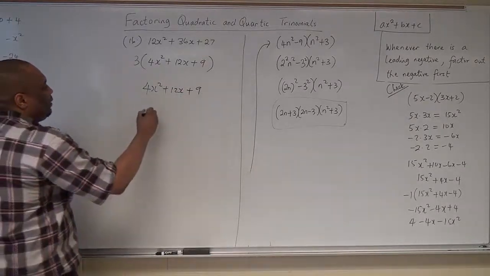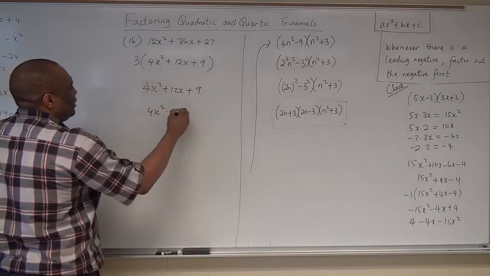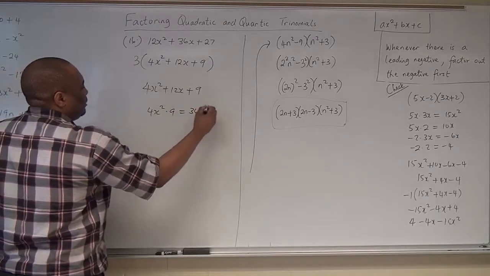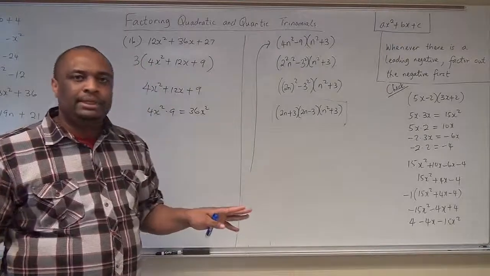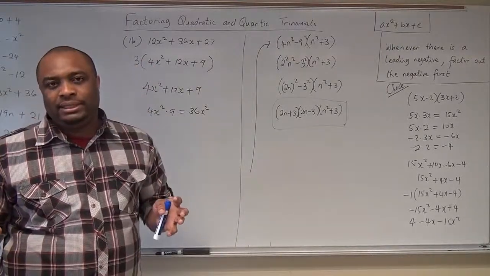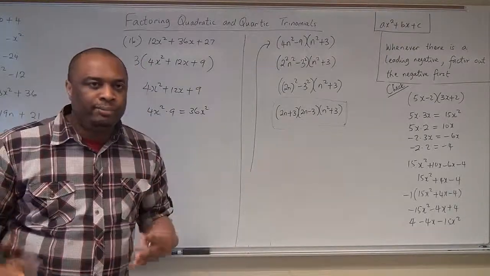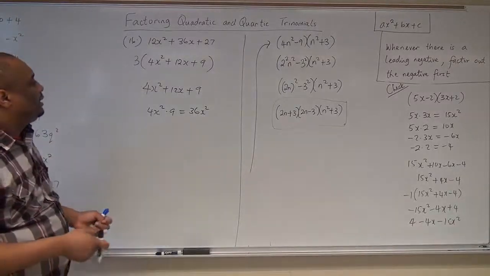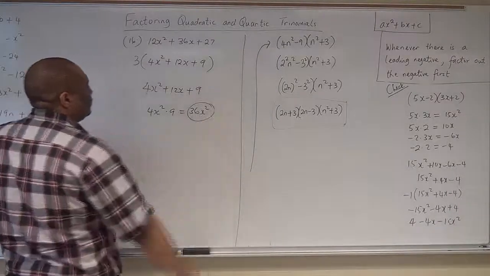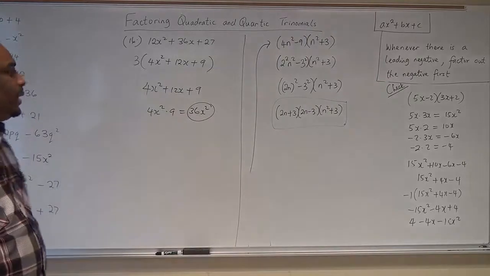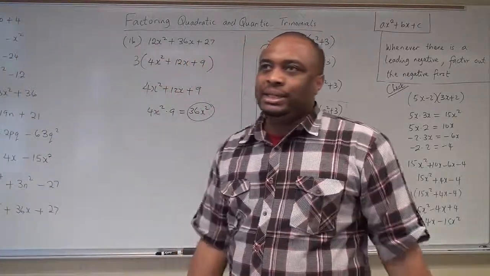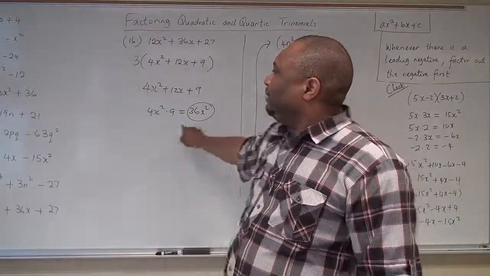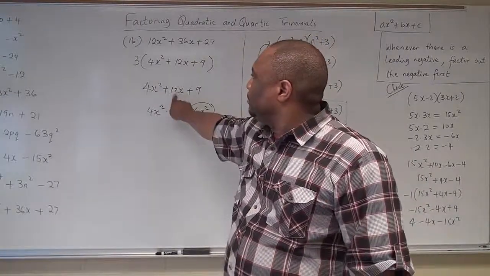Now this is 4x squared times 9, which is 36x squared. You want to find simple, effective ways that work to solve problems. So this is 36x squared. 1 and 36 will not work. Negative 1 and negative 36 will not work. Anyway, negatives will not work because this is plus 12.